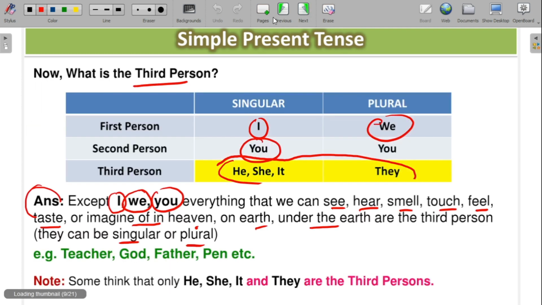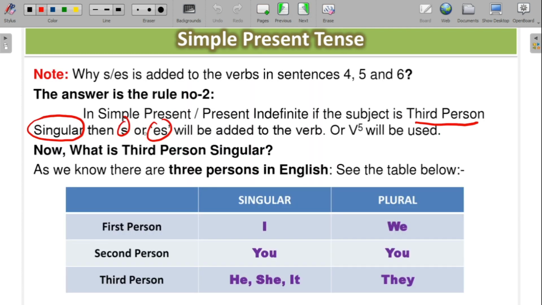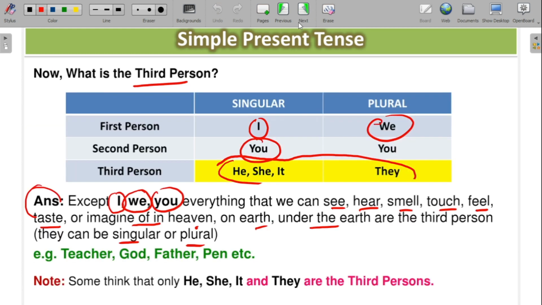If it comes like this, we add S or es to the verb, or we can use the verb fifth form. I have already told you what the verb fifth form is. That is the S/es form of the verb, or the singular form of the verb. Hope you have understood so far.